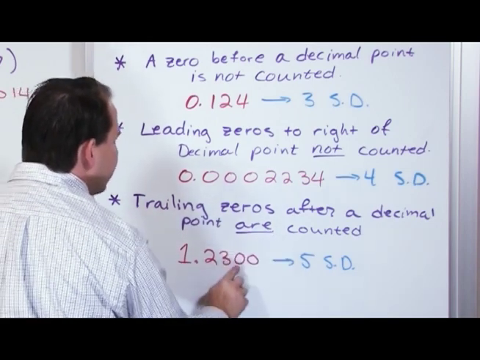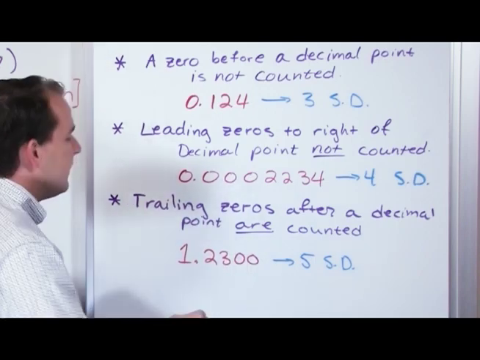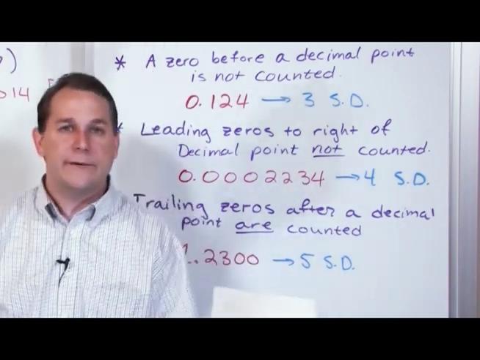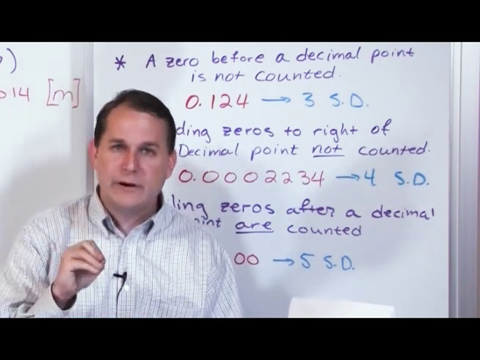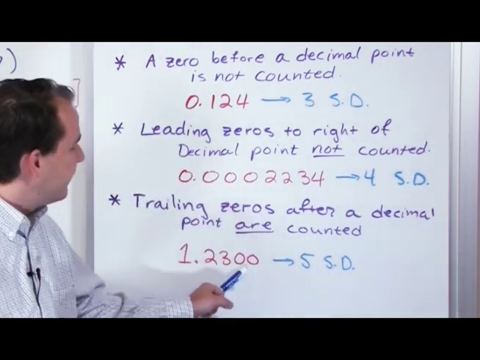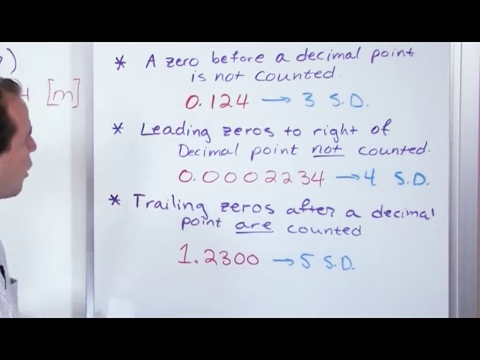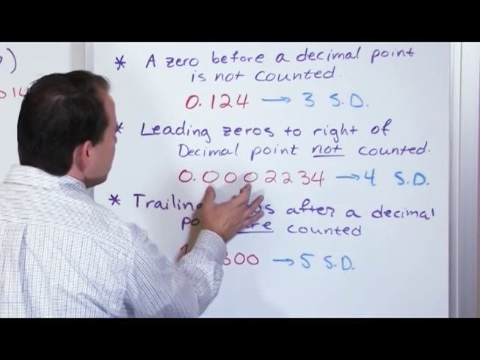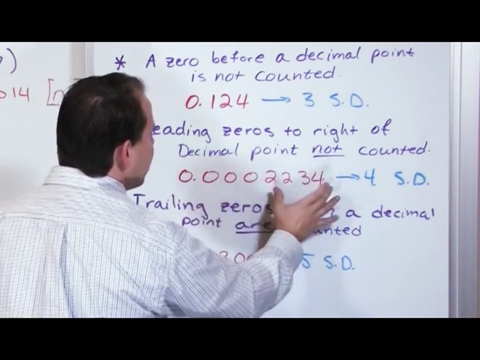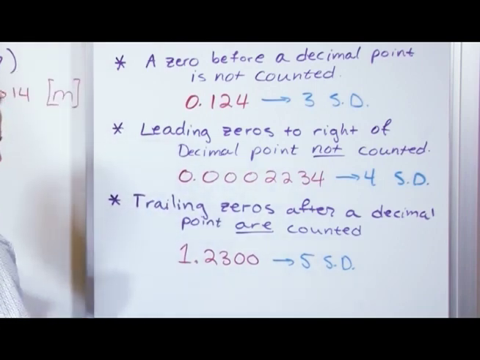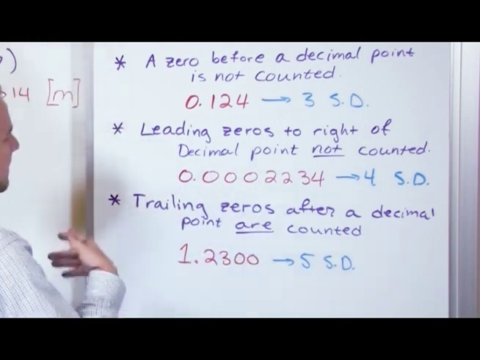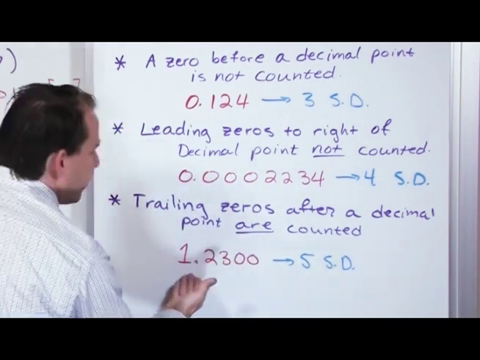But if I actually go through the trouble of writing these extra zeros here, it means that my scale or my flask or whatever measurement tool I'm using has that much additional accuracy to stick these two zeros at the end. It's kind of hard to describe other than just telling you that, but the leading zeros are merely placeholders because the number I'm measuring is very small. So these are just used to shift the numbers down over here. These trailing zeros are placed here because I'm actually measuring with much greater accuracy.